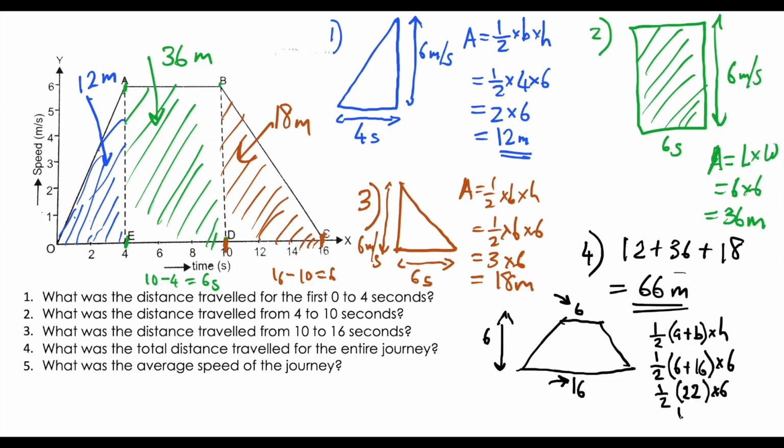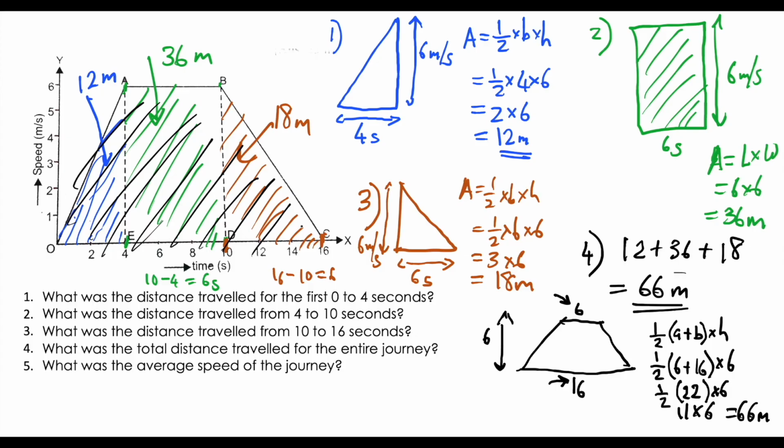Half of 22 is 11. We multiply that by 6, which gives us 66 meters. So that's just showing you another way you can do it. You could either calculate the area of the entire thing, or walk it out piece by piece, then add them together.